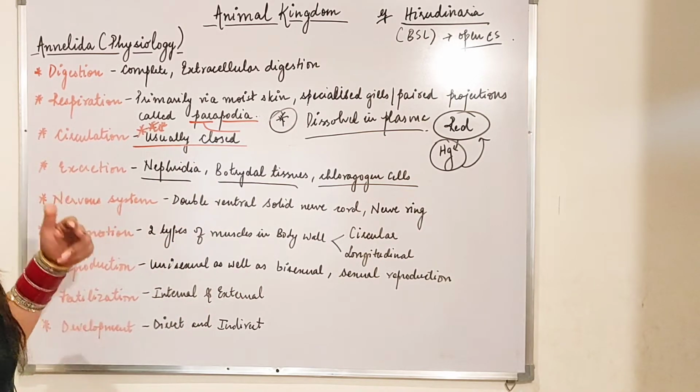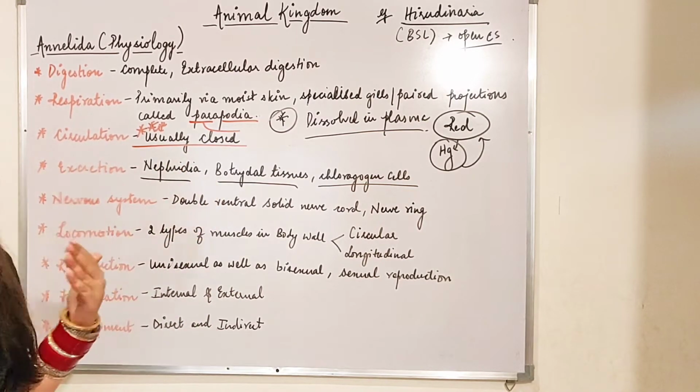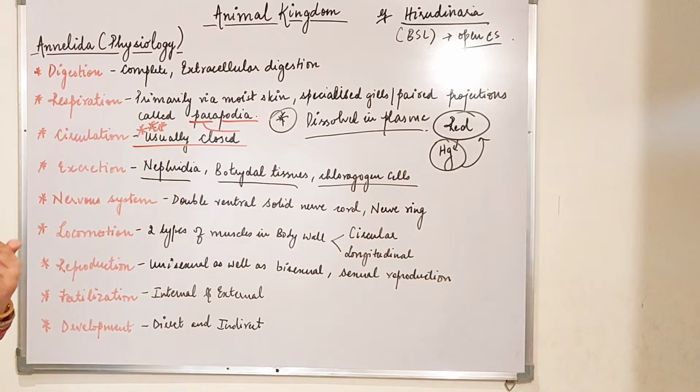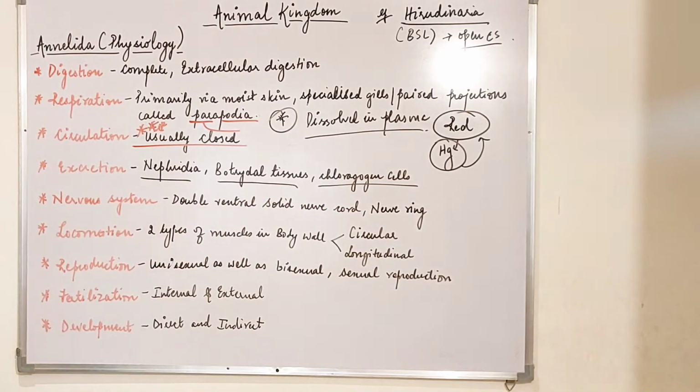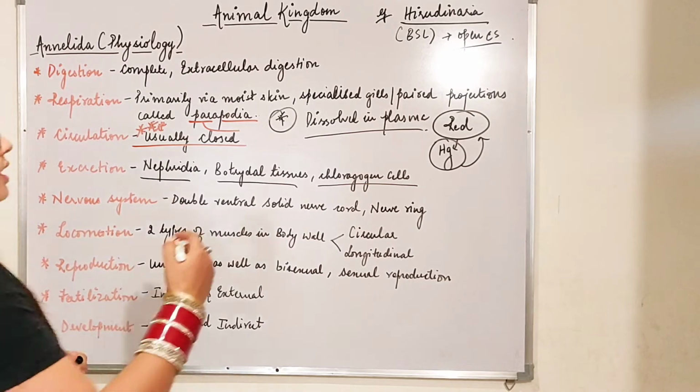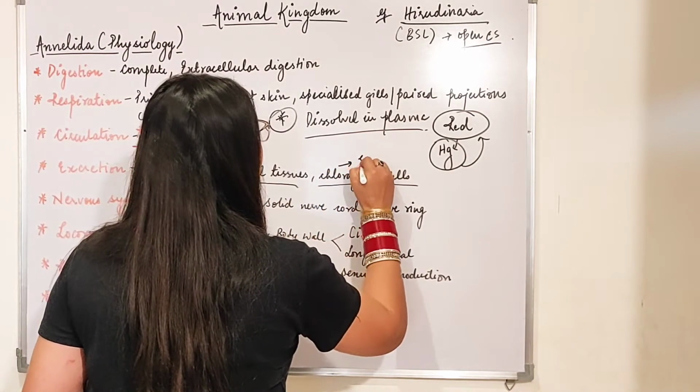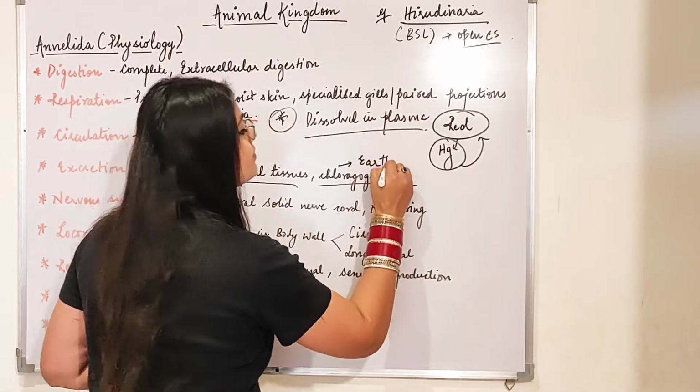They are present in the coelom and are found in the leech. And last, beta, the chloragogen cells. Chloragogen cells are found in earthworms. You can note it down.